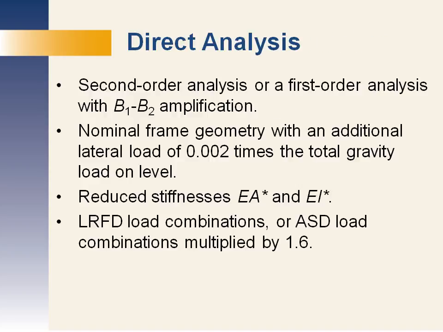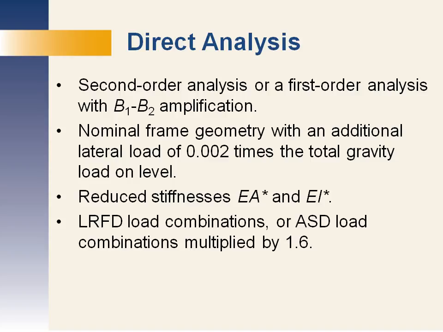First, it requires a direct second-order analysis, or you can do a first-order analysis and then add the second-order effects with a B1, B2 amplification. The second thing it requires is that we have to model the frames with notional lateral loads. Remember that 1 in 500 column lean, 1 over 500 is 0.002.